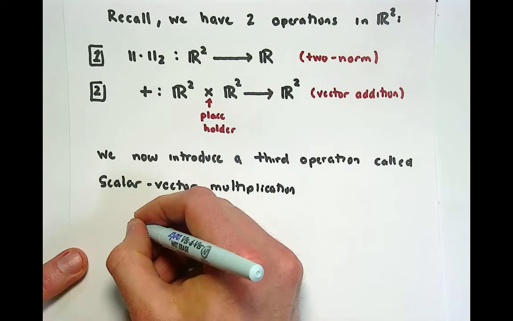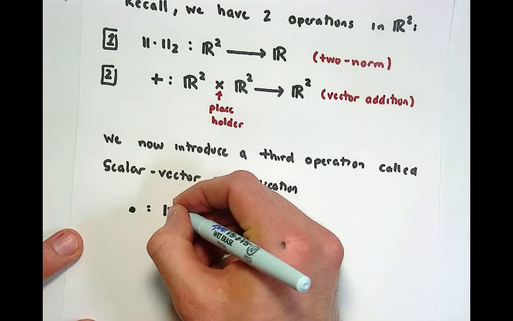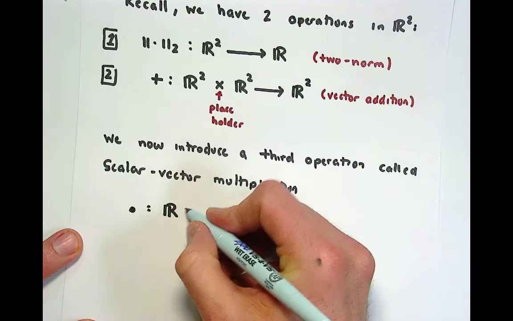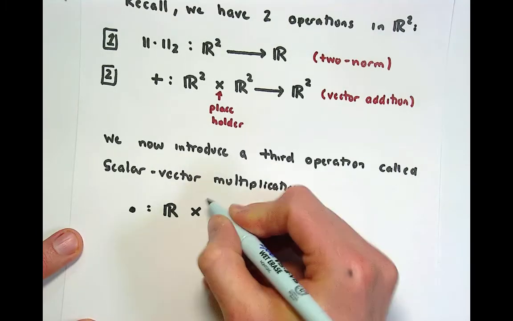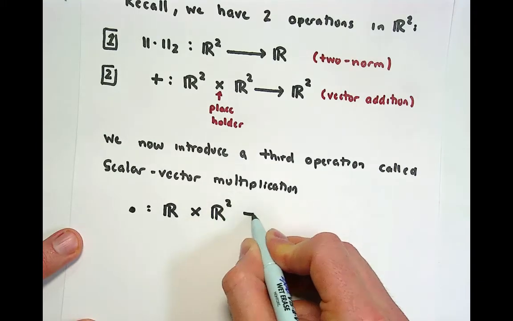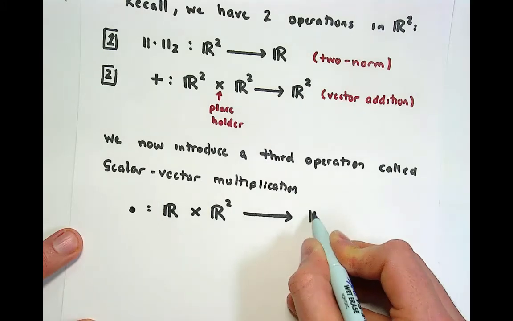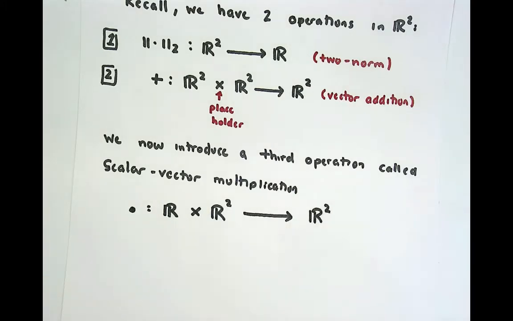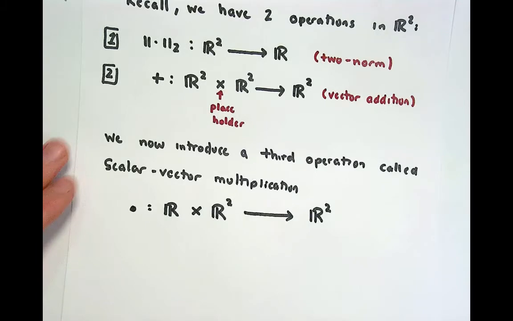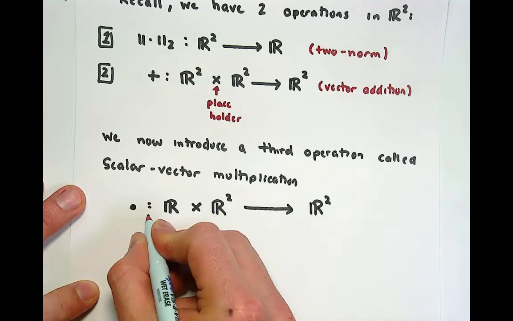And this is going to use the same multiplication dot that we used before. On the left-hand side of the dot, we're going to have a scalar. On the right-hand side of the dot, we're going to have a vector. And when we multiply a scalar by a vector, we're going to produce another vector.